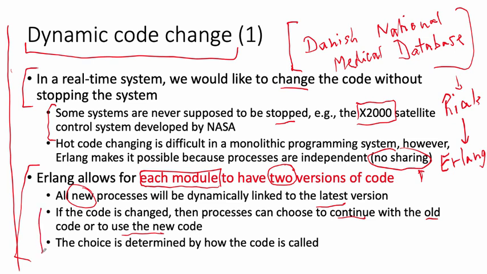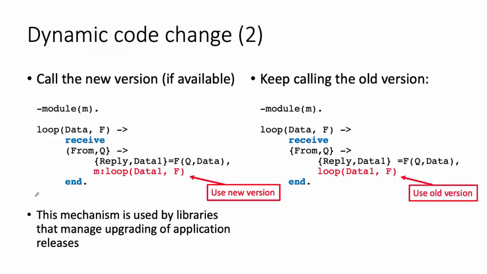So this is how the system works. When you put the new code in the module, and then you tell the processes the new code exists, the processes, when they are ready for it, will locally decide to use the new code. This is supported in the language.